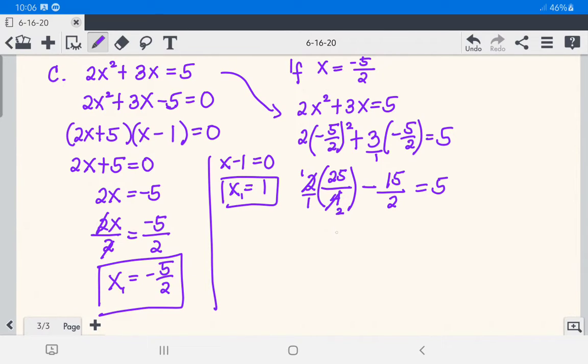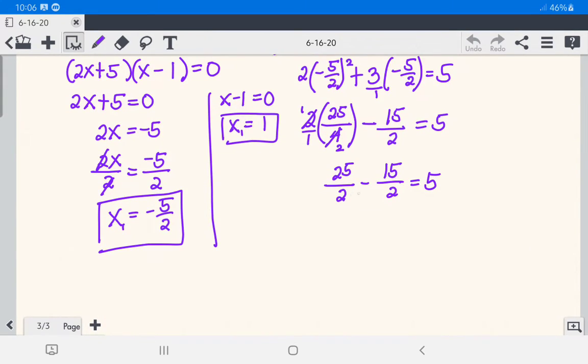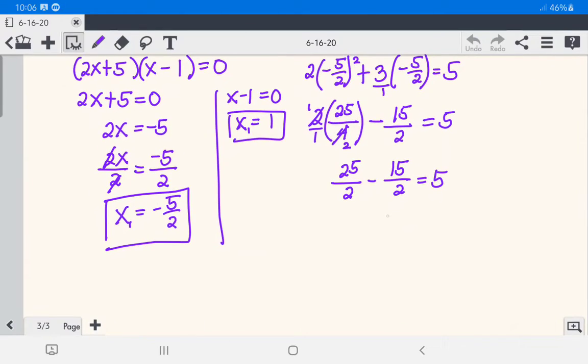Then you can now copy 25 over 2, then minus 15 over 2, then equals 5. Since they are now similar fractions because they have the same denominators, we have 25 minus 15, that is 10, over the common denominator, which is 2, then equals 5. 10 divided by 2, that is 5, equals 5.